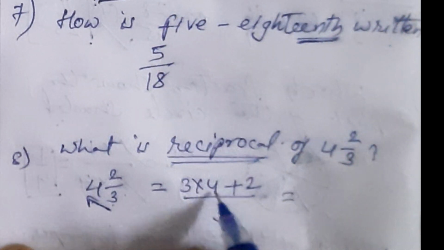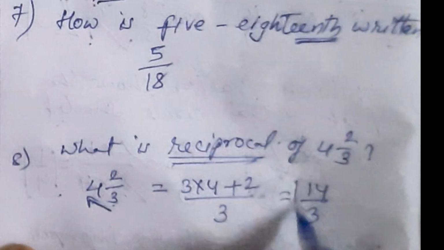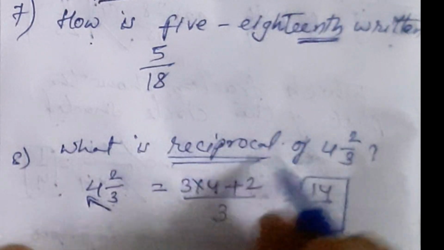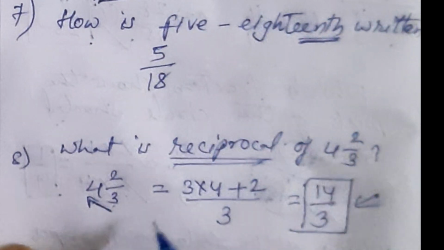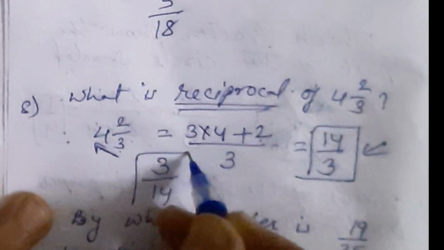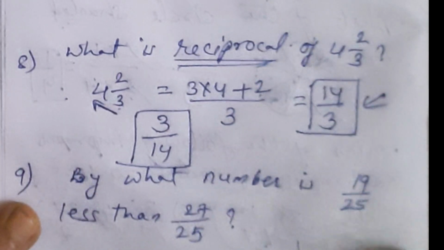Thus 4 threes are 12, 12 plus 2 is 14, so 14 upon 3. We need to make the reciprocal of that, so we reverse this answer, making the 3 the numerator and 14 the denominator. So the final answer is 3 upon 14.